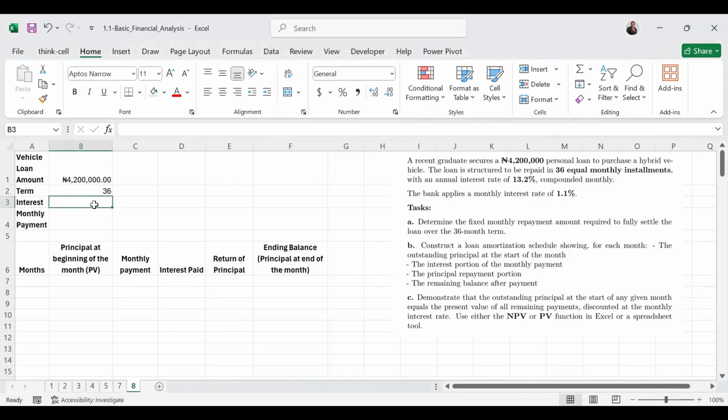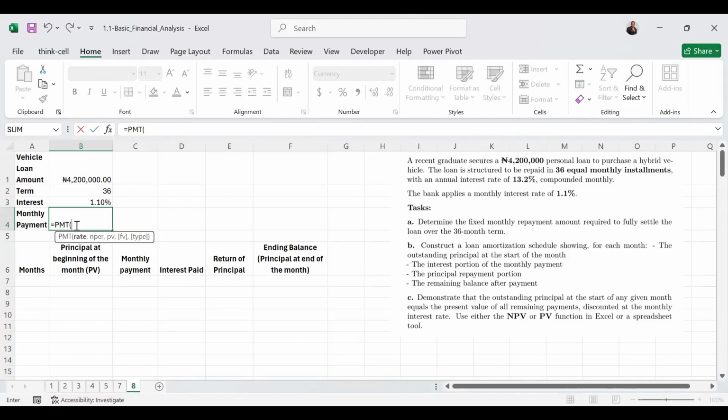So we are going to enter 1.1% here, and then for our monthly payment, we are going to be using the PMT function. So I'll enter PMT, and then my rate is this 1.1%.